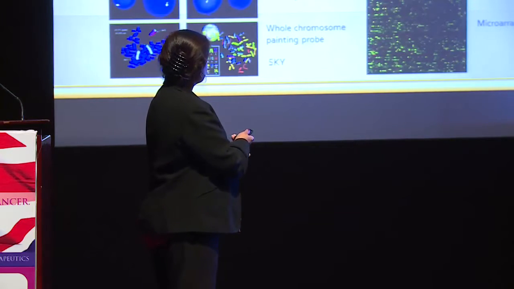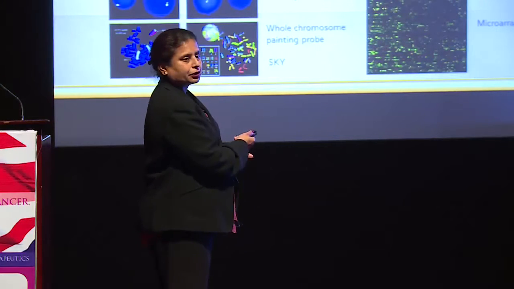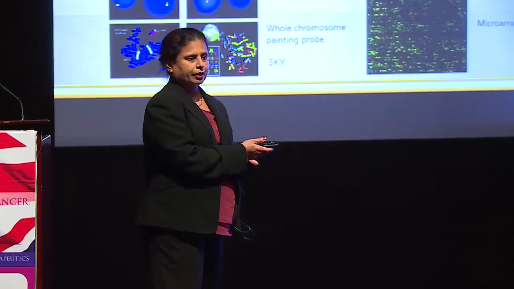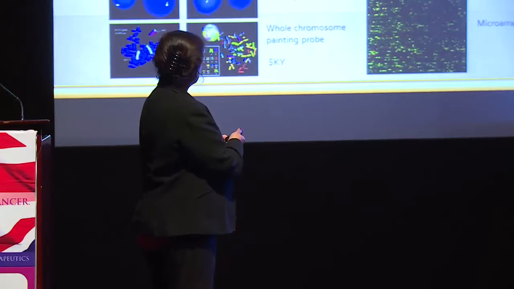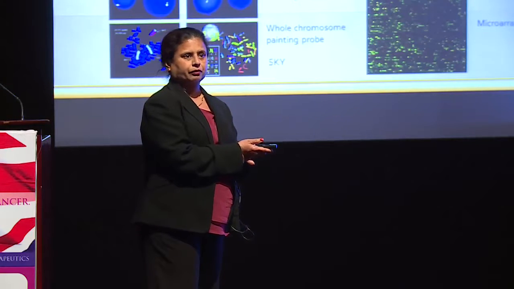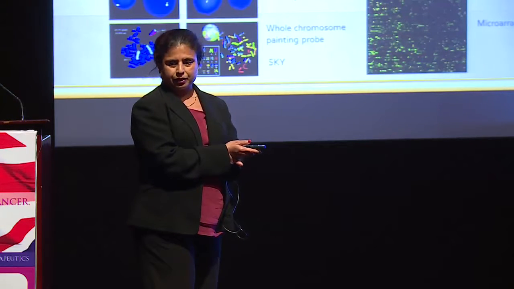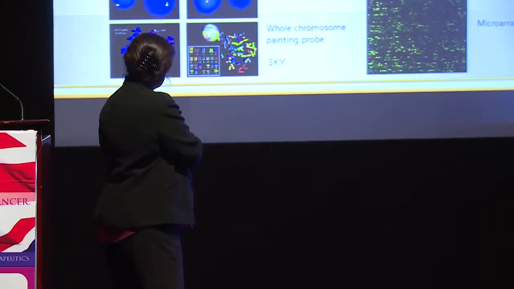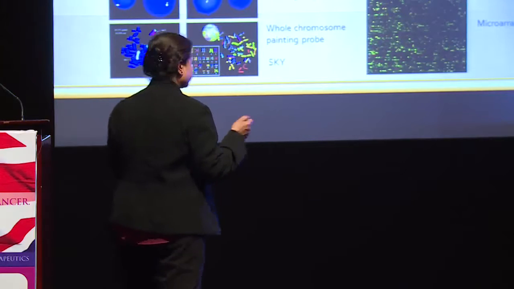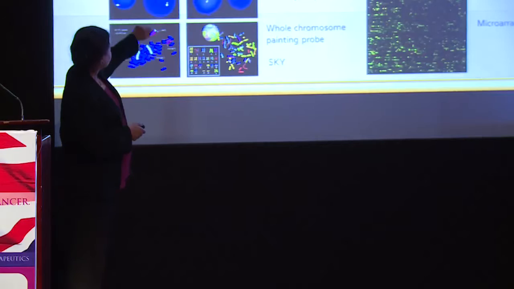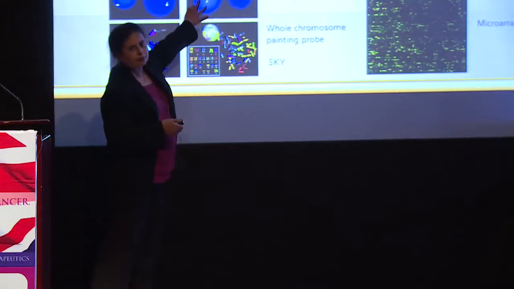You have the unique sequence probes, which could be dual color, dual fusion, in that the 2 genes are labeled with different colors, and when there is a translocation, you see a fusion signal. You have the break apart probe, in which the 3' and 5' regions of the gene of interest are labeled in different colors. So in a normal situation, you would have the 2 fusion signals, and then when there is a rearrangement, you have separation of the signals.